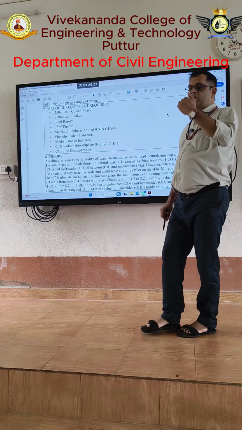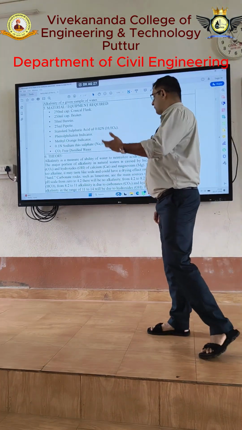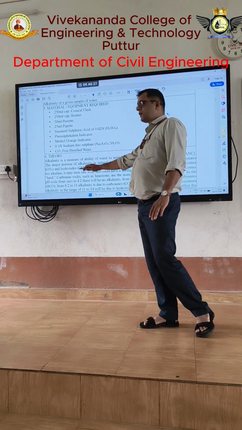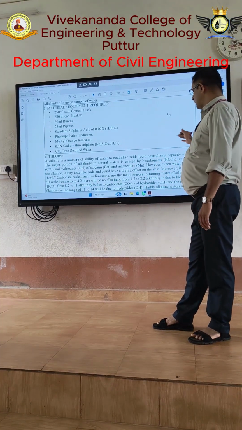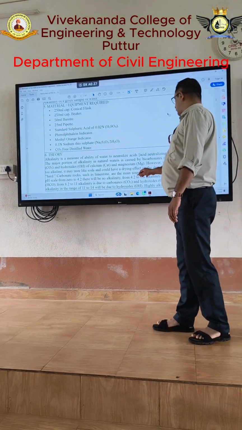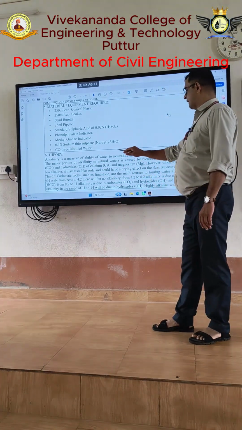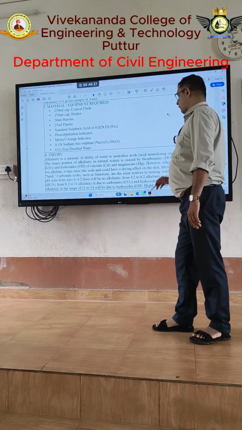When these carbonates and bicarbonates are there, the water becomes alkaline and the water becomes hard. Then the pH values go on increasing, 4.2 to 8.2, then 8.2 to 11, then 11 to 14.